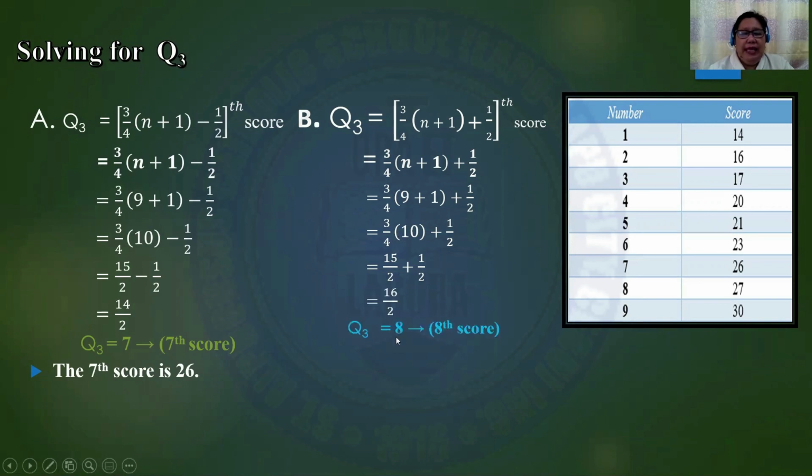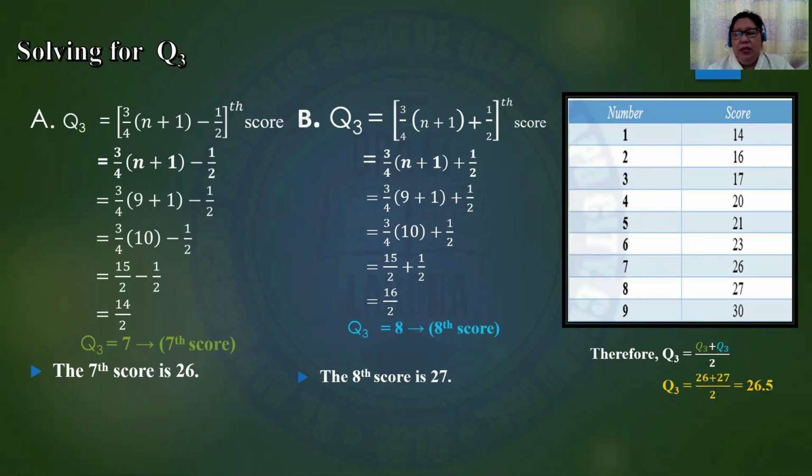Over 2, it's 8. So we have the 8th score. And the 8th score is 27. Then take the mean or the average. We have first Q3 result, which is 26, and the second is 27. So 26 plus 27 over 2 is equivalent to 26.5.